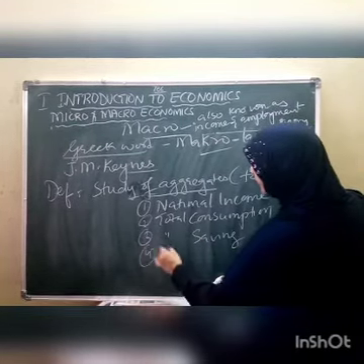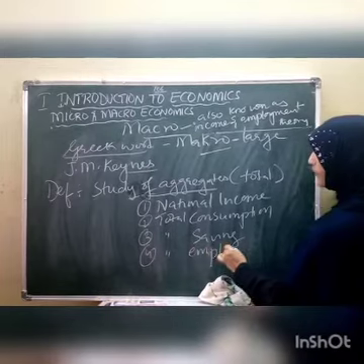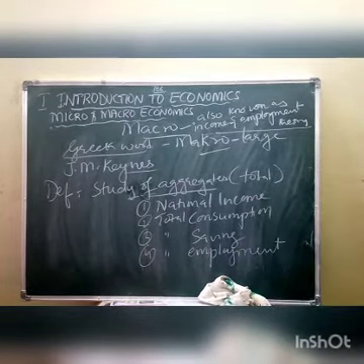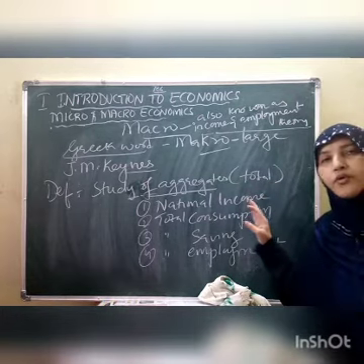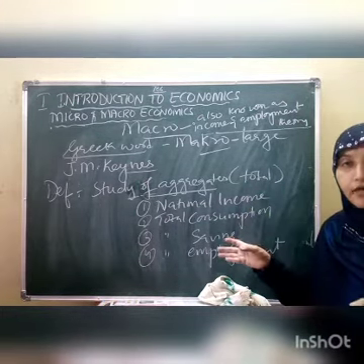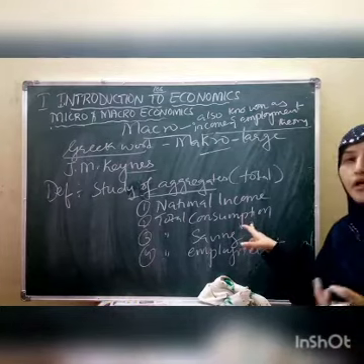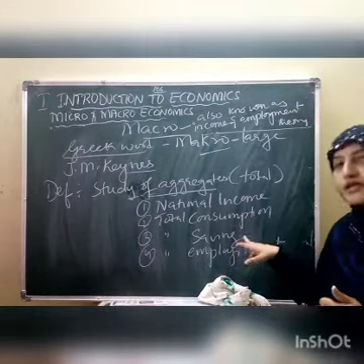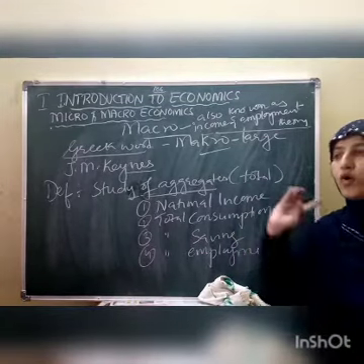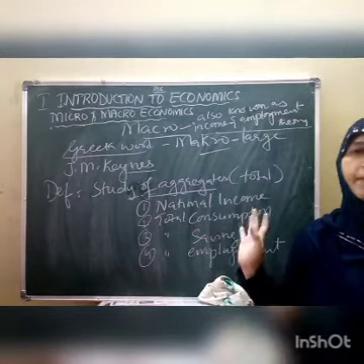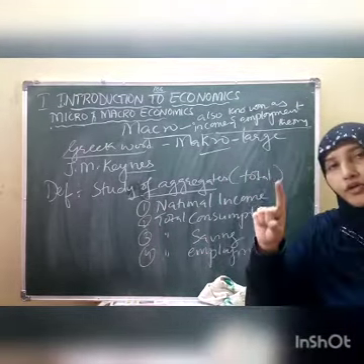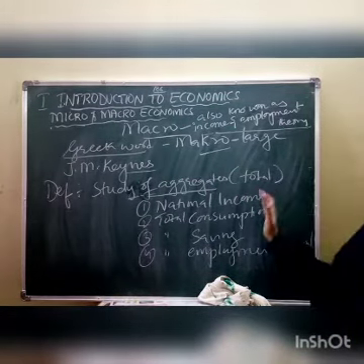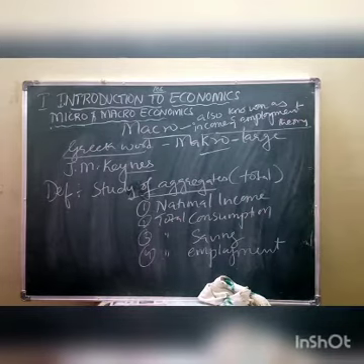It studies completely where we are going to get the national income of the country, the total utilization or consumption, the total saving and the total employment. That means overall, it studies the country. Micro is for small individual units, but macro is for the whole country. I hope it is clear what macroeconomics is.